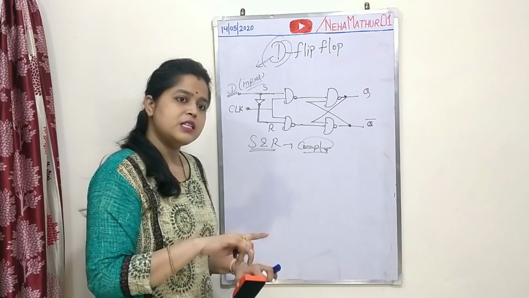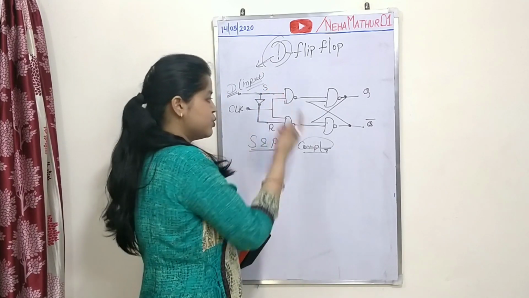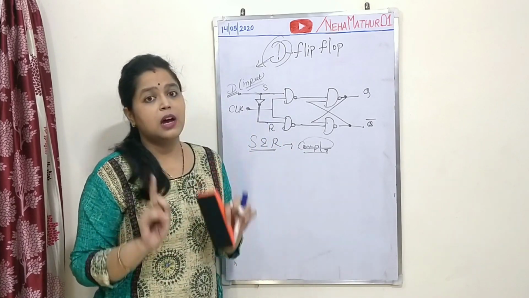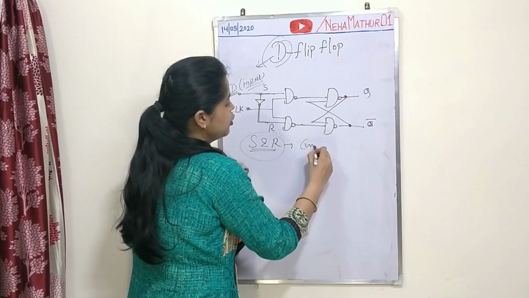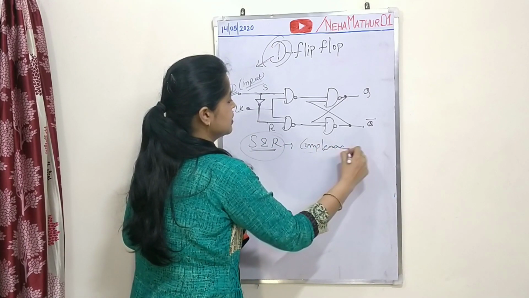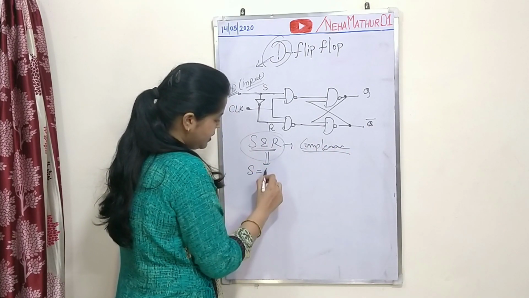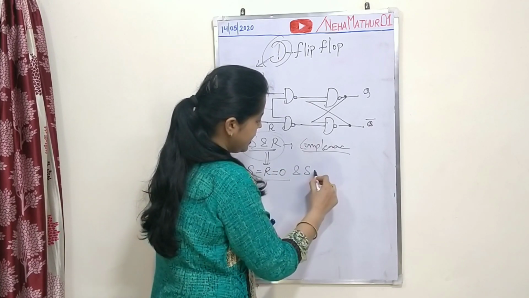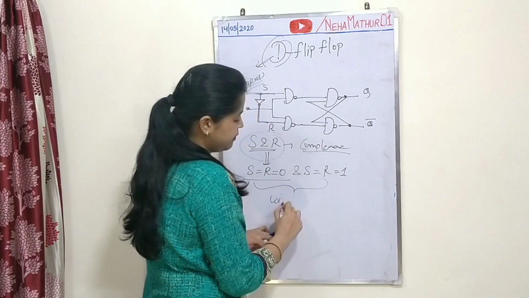So if your S is equal to 0, then your R will be 1, and if your S is equal to 1, then R will be 0. That means they are in complementary form. That means S = R = 0 and S = R = 1 will never appear.